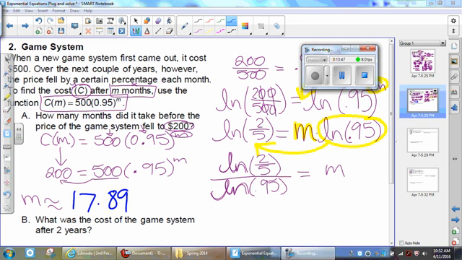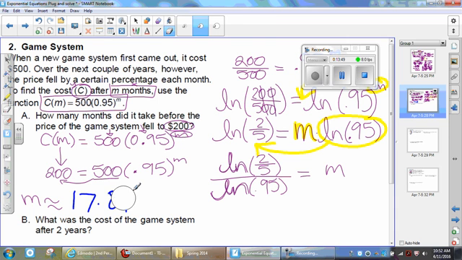So we got 17.86, not 89, sorry. So 17.86.